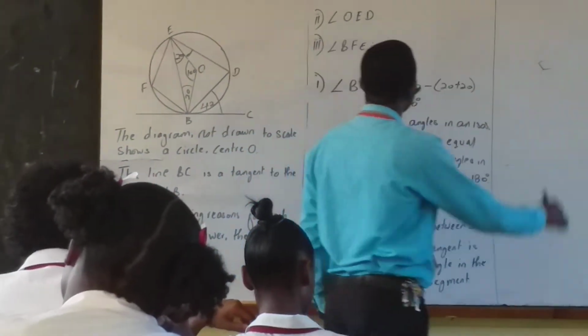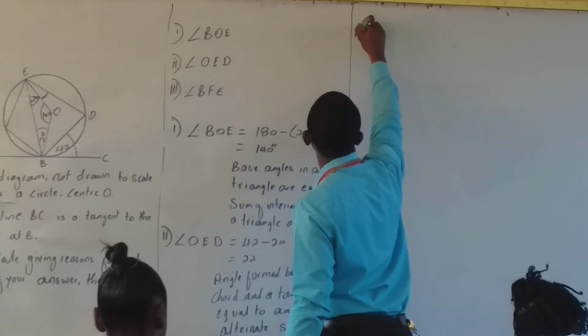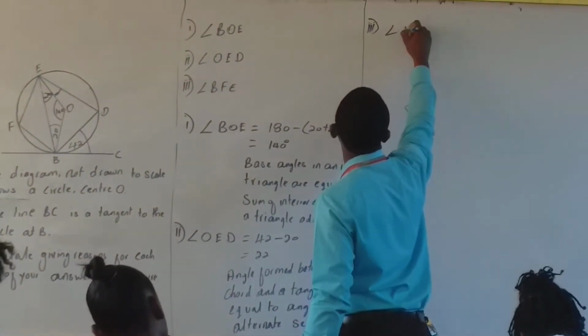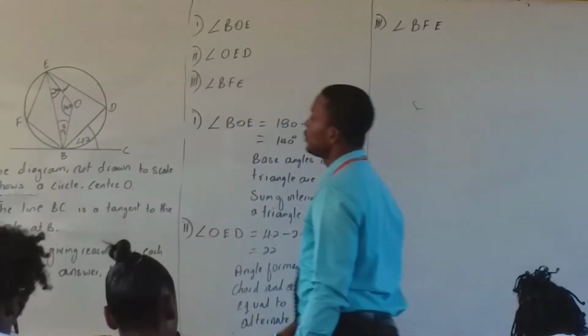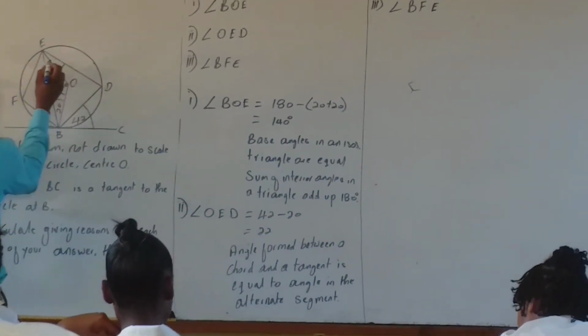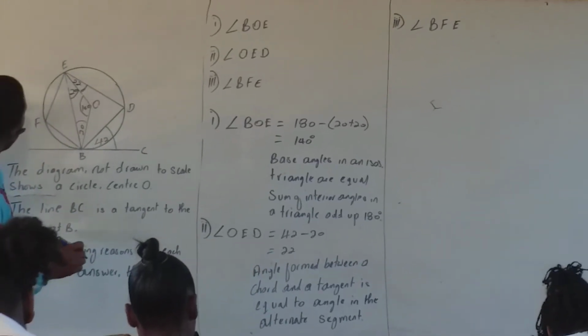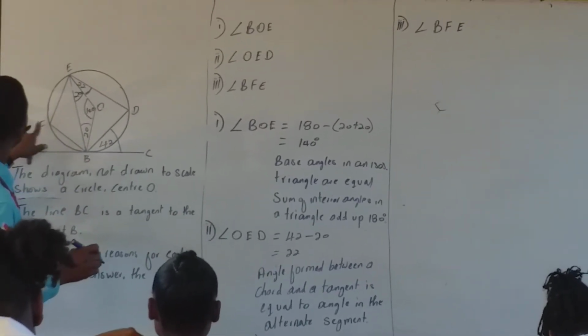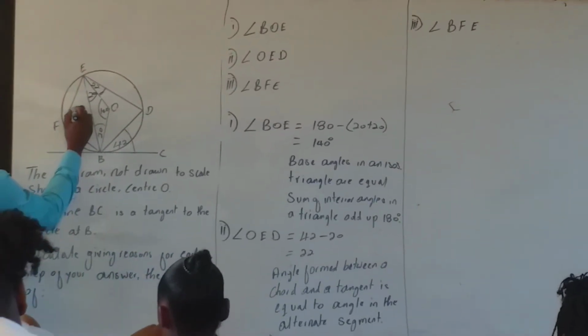We want to now find our final piece, which is angle BFE. I'm going to fill in 22 right here. The angle goes from B to F to E, which is right here.